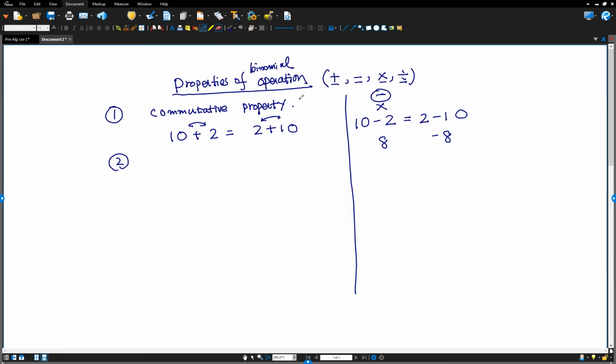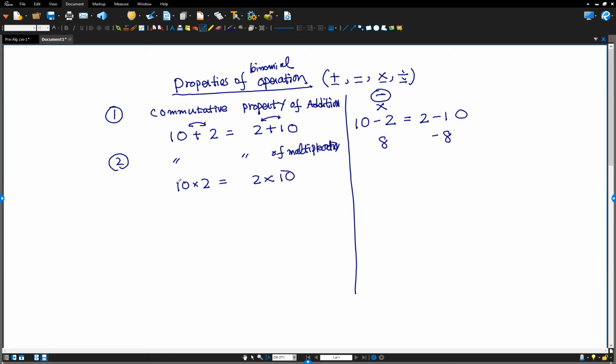I'm going to use the exact name, commutative property of addition. The next one, the commutative property of multiplication, is working too, because 5 times 2 equals 2 times 5, they can switch.